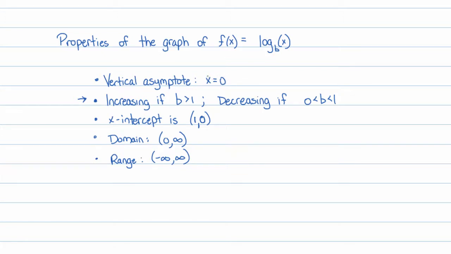Recall that all vertical lines have equations x equals some constant. Again, the exponential function has a y-intercept, so therefore the logarithmic function must have an x-intercept. And in this case, the x-intercept is always going to be 1, 0.